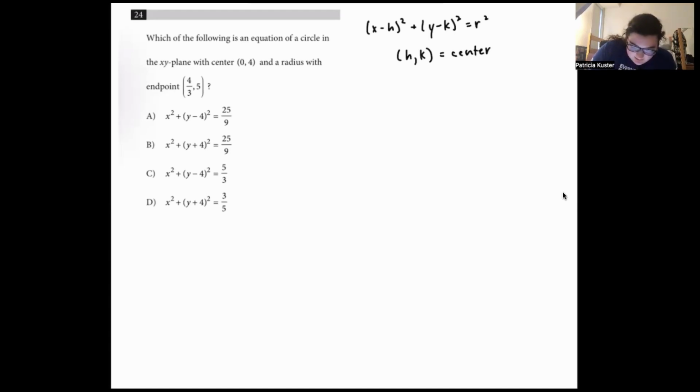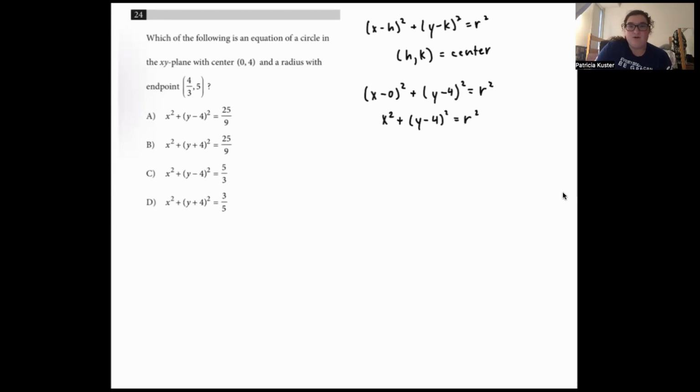In this case, our center is (0, 4). So you plug in 0 for h and 4 for k. At this point, we don't know what r is, so we're going to leave that as r. So you're going to get x squared plus (y minus 4) squared equals r squared.